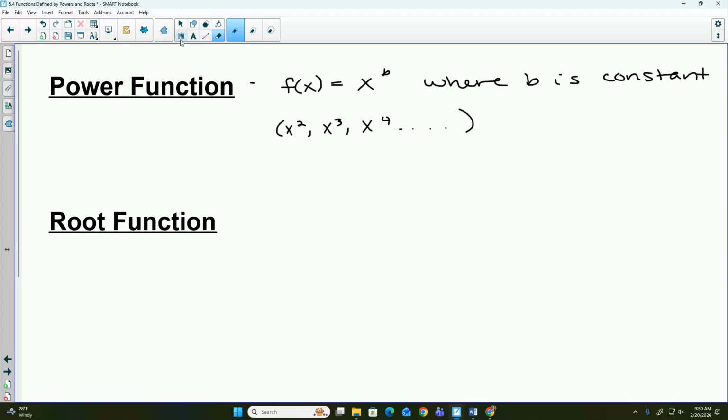A root function is something like f of x equals x to the 1 over n power.